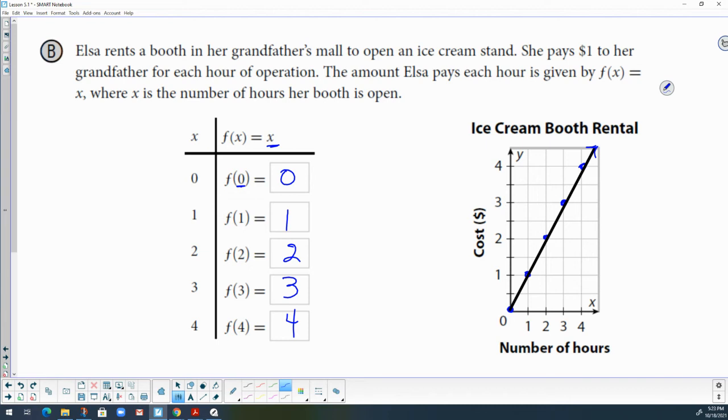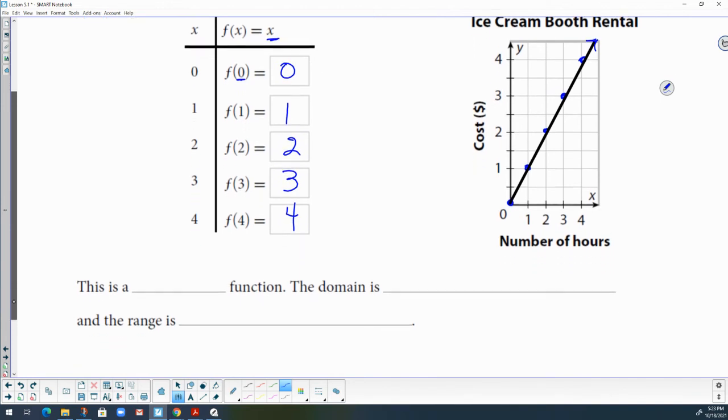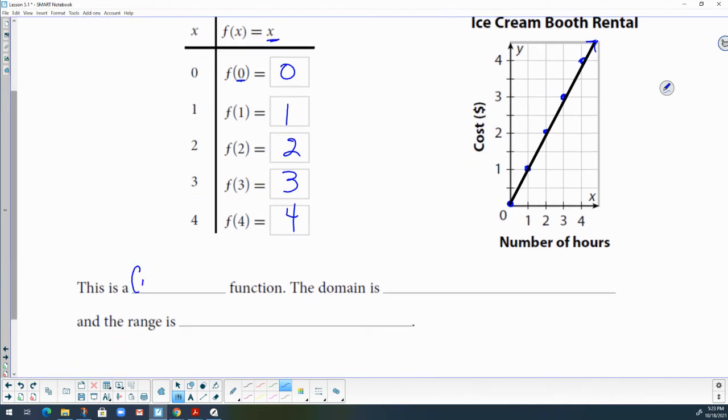So the domain and range this time, so this is a continuous graph. So this is a continuous function, input, output. And so the domain now is all real numbers. So I know my x is my domain.